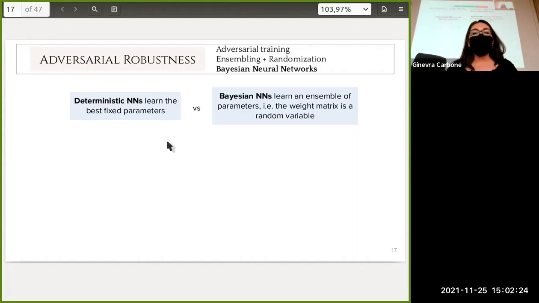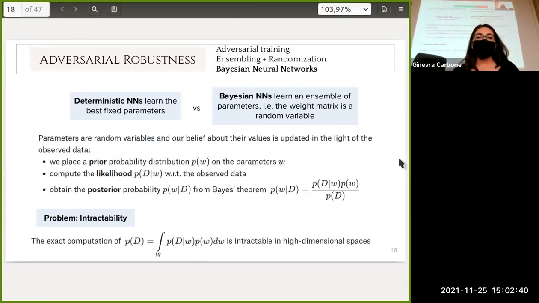Well, in the Bayesian case, we suppose that the weight matrix is a random variable. So it means that we have a probability distribution placed on each one of the weights. And what we are learning, in fact, is an ensemble of parameters. So how are we learning this kind of function?